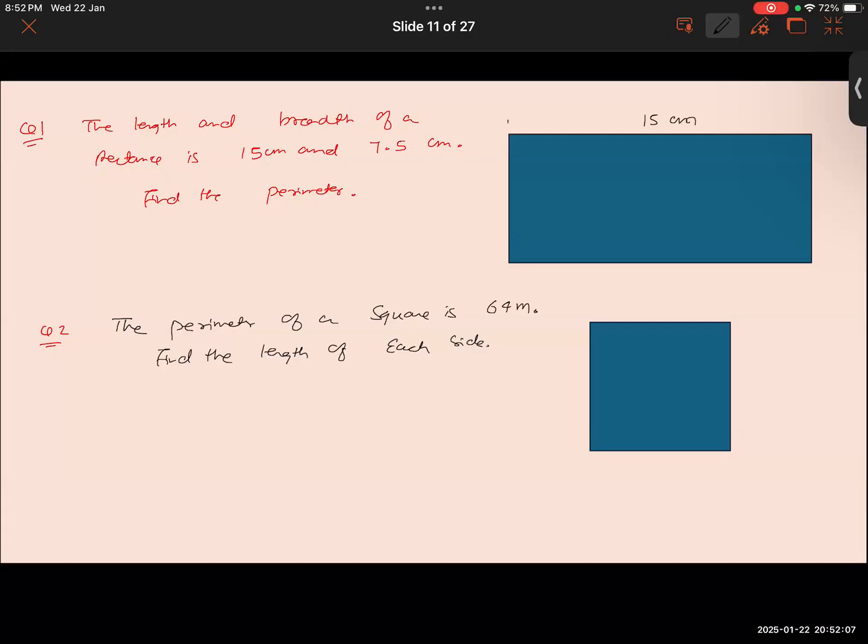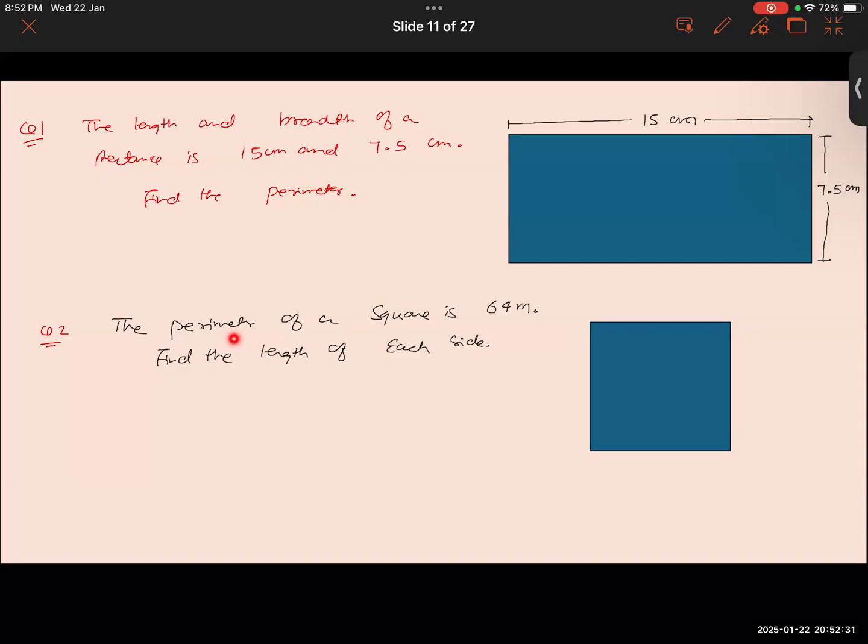For the second one, I have a doubt. Tell me. I don't know how to find that. Means what do I have to do, multiplication, division? The very first thing you need to do is understand the question, Habib. Then only we need to proceed. The perimeter of a square is 64 meter.